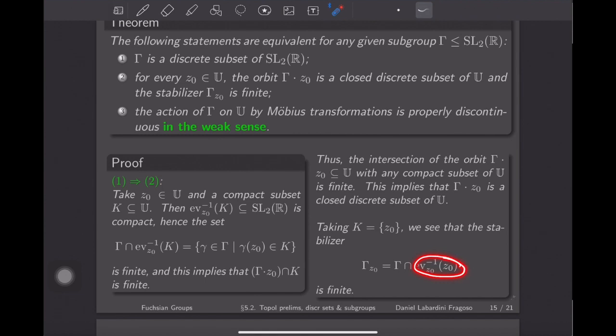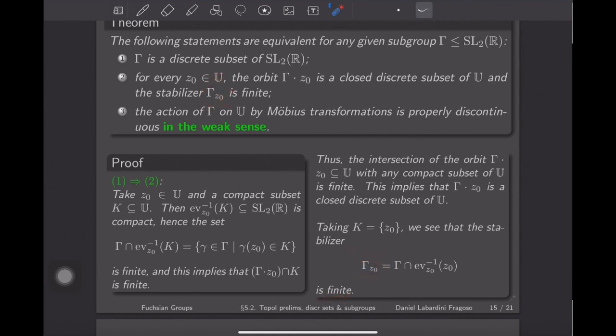So this one is compact, and so its intersection with this closed discrete subset of SL2R is finite. But if you think about it, sorry, here it's the stabilizer in SL2R, and the stabilizer in gamma is those in gamma that are also in the stabilizer according to SL2R, and this is finite. Right? So the stabilizer in gamma is finite.